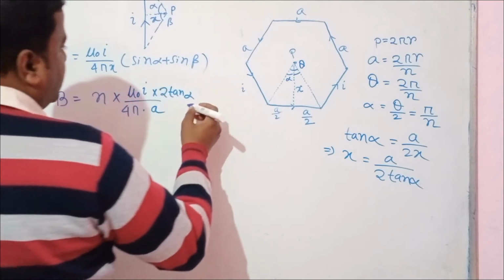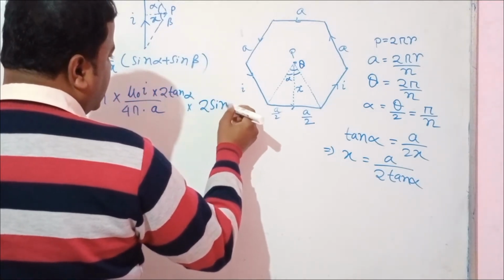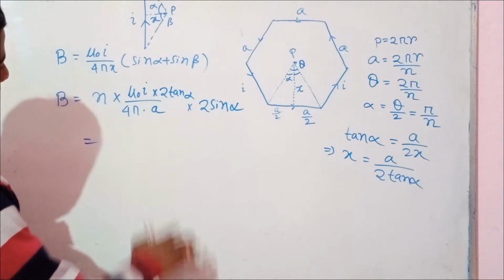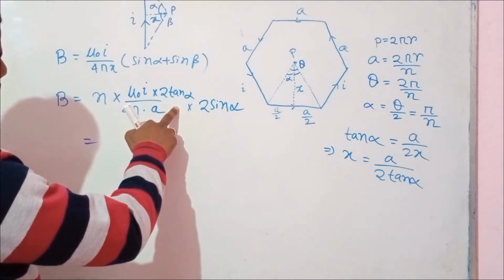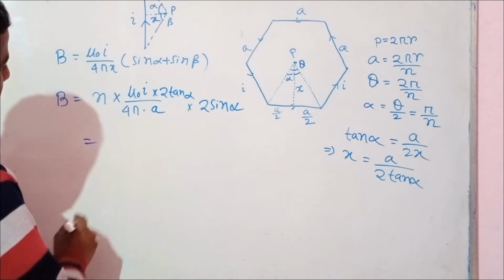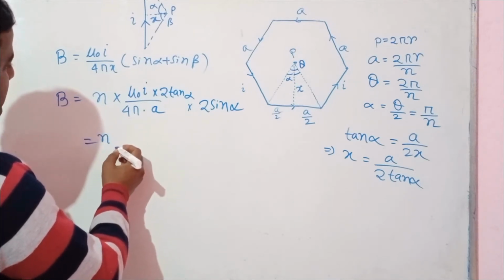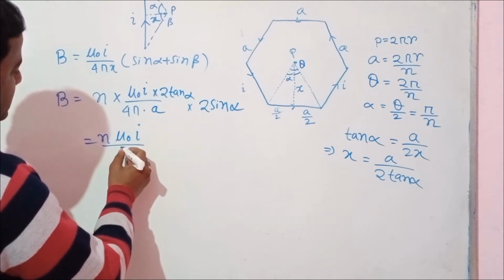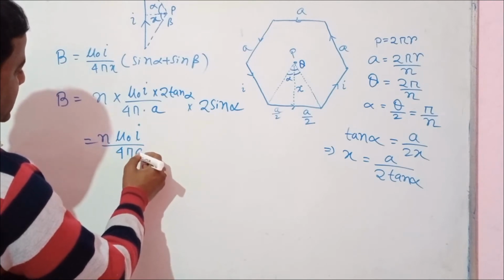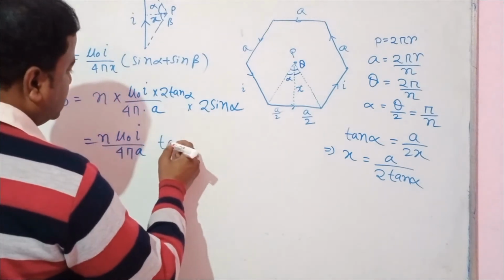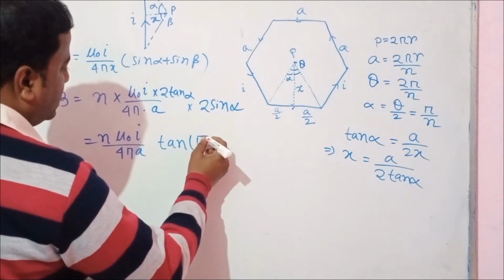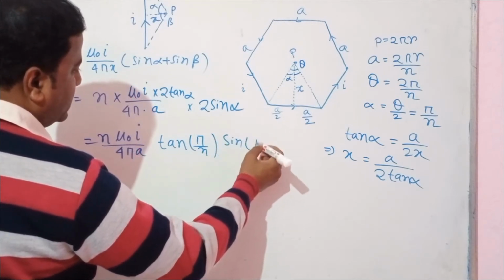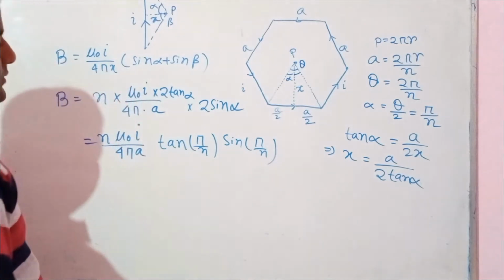Here alpha equals beta, therefore we can write 2 sin alpha, and this gives, here 2 and 4, 4 cancel, therefore n into mu naught I upon 4 pi into a, tan pi by n, sin pi by n.